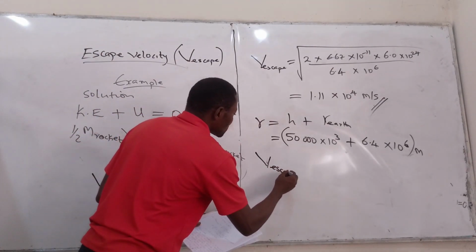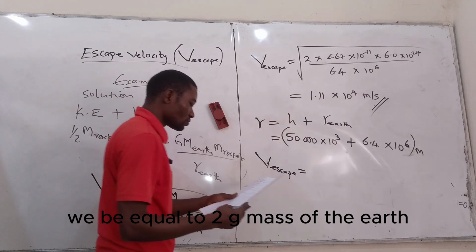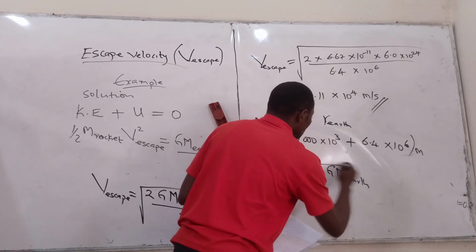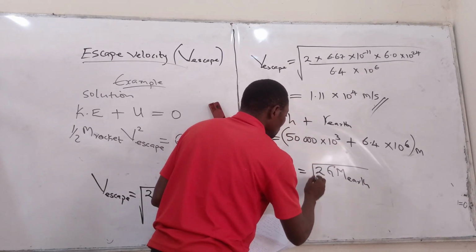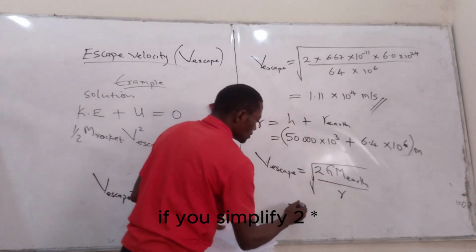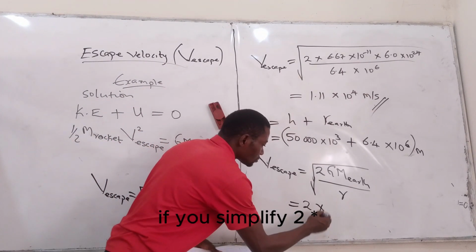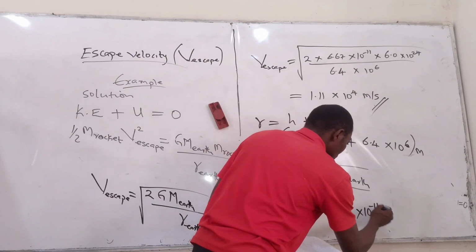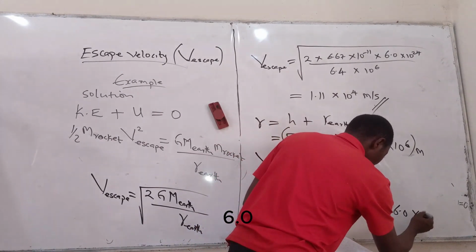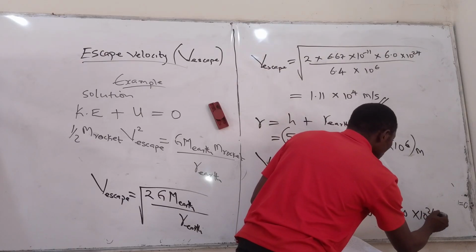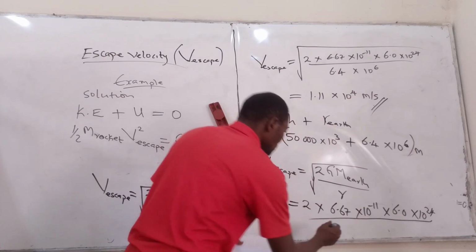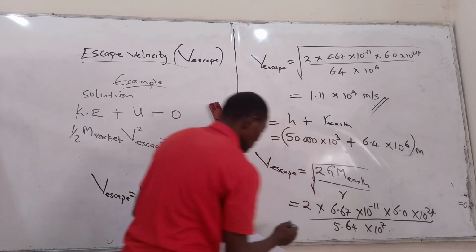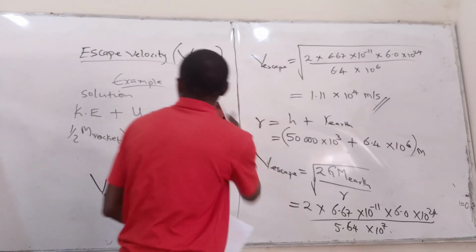V escape will be equal to the square root of 2G mass of the Earth over r. So if you simplify, 2 times G times 6.0 times 10 to the power 24 over r.